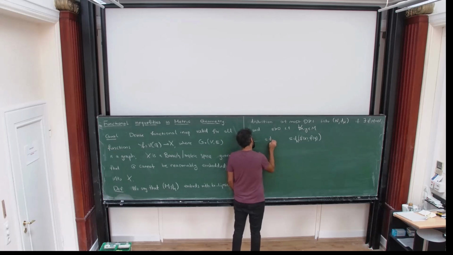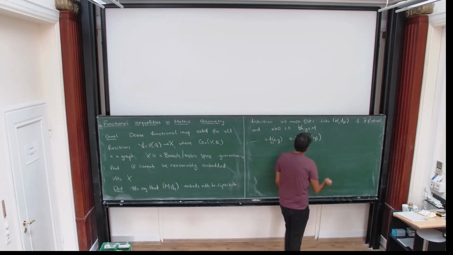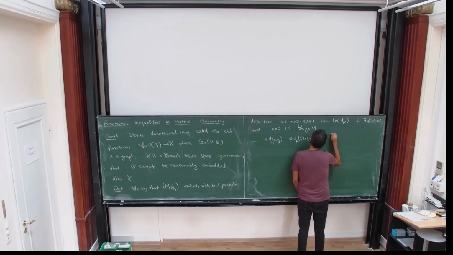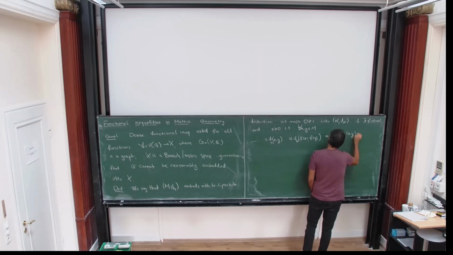It's bounded below by s times the distance, and bounded above by D times s times the distance.